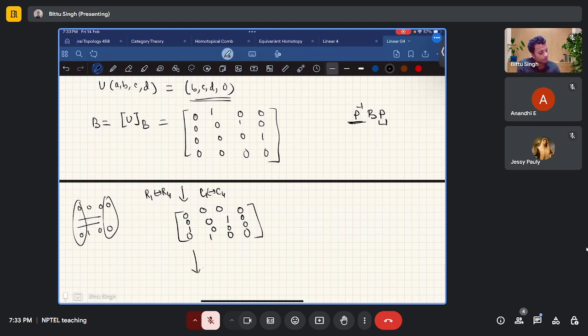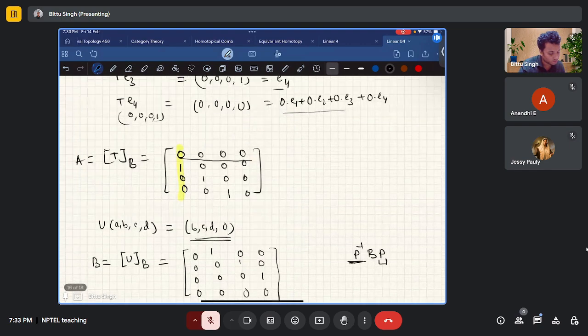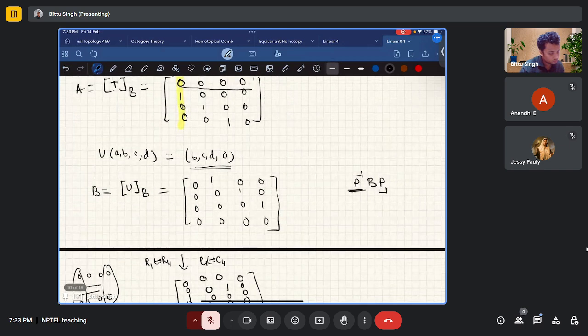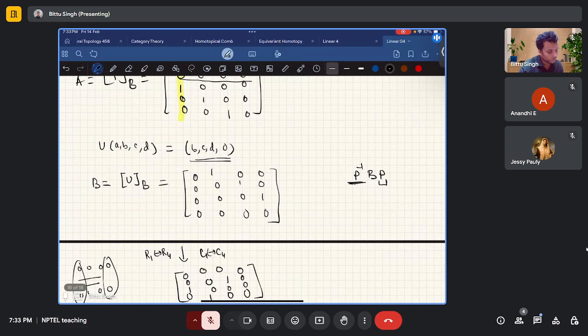Similarly, now what can we see, is it matching with A or not? So the problem is we need this second one in the second column, right? So again we can perform those row exchanges.